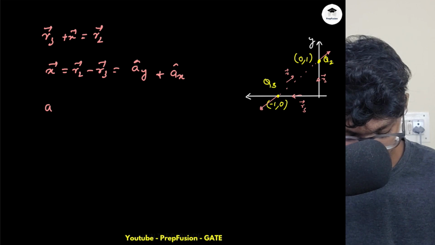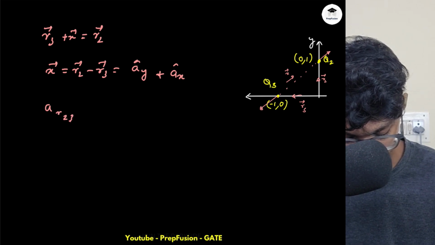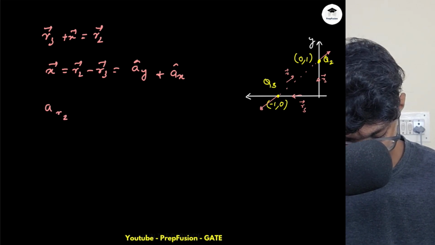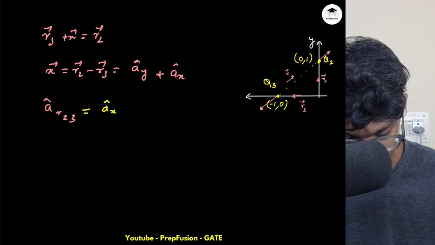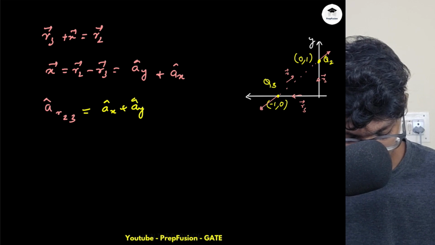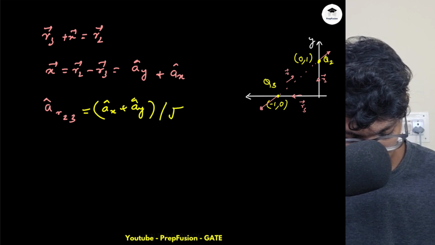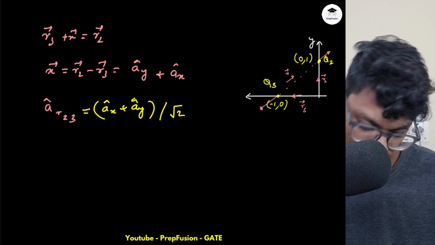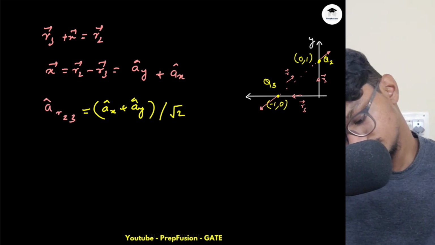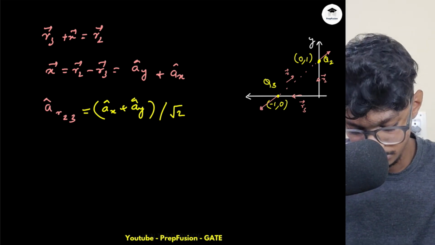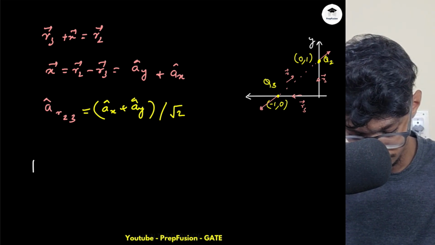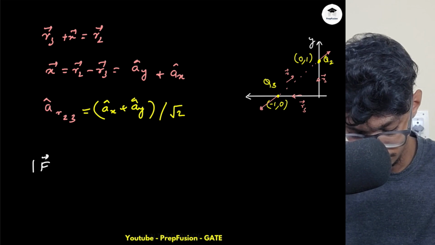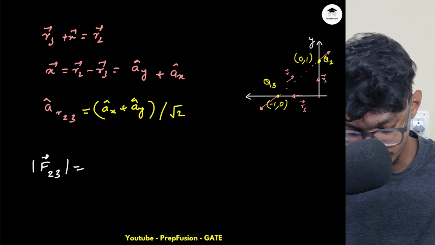So the unit vector of r23 will be simply (ax cap plus ay cap) divided by √2. Then the force magnitude will be the same again.